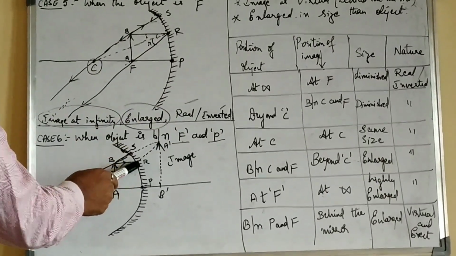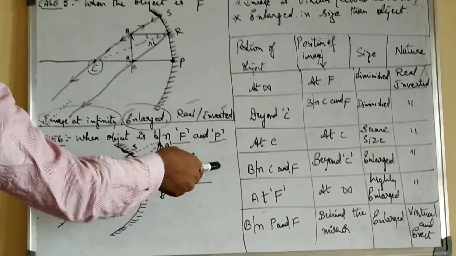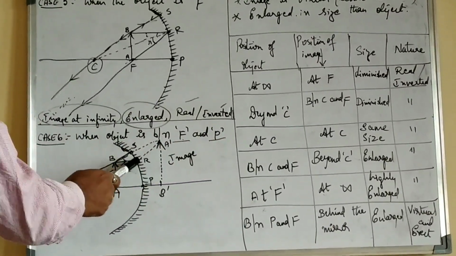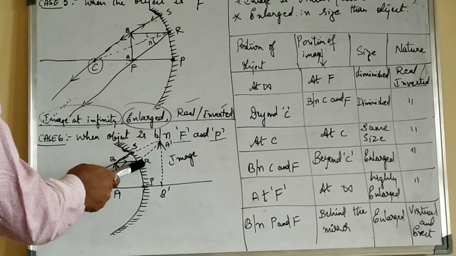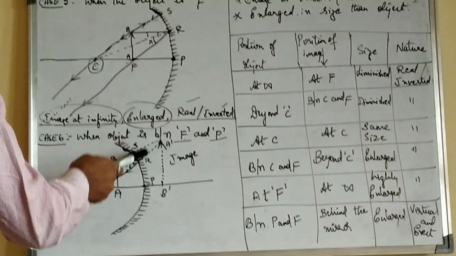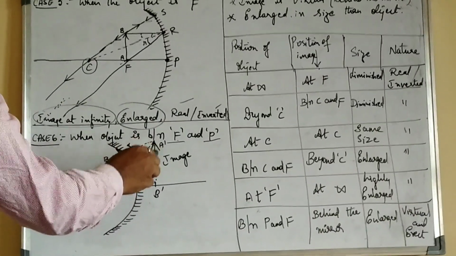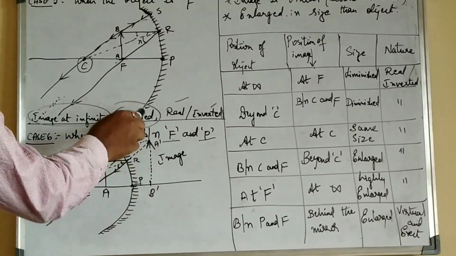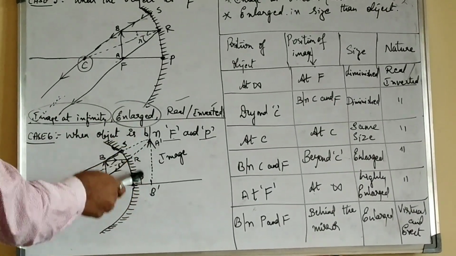So that's why I have drawn the dotted lines behind the mirror, to the other side of the mirror. I have extended the same reflected rays from R and from S so that they meet at a point. From that point, I have drawn dotted lines of the image. So you can see here A dash, B dash is the image.